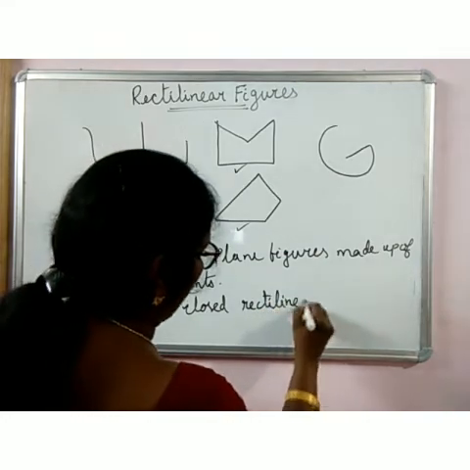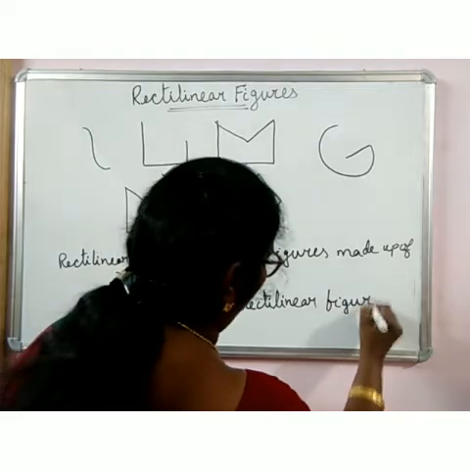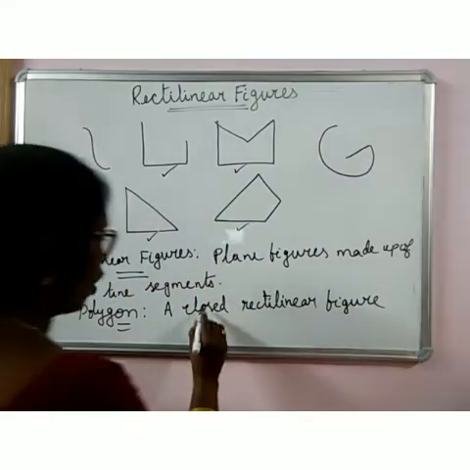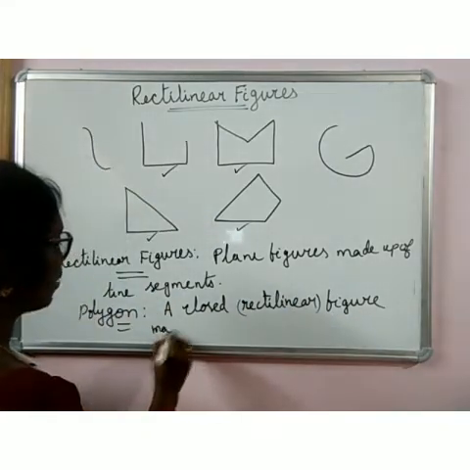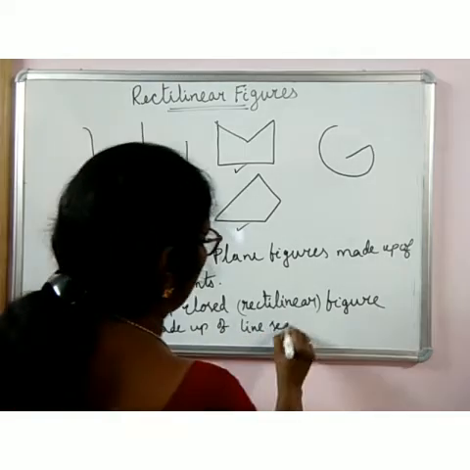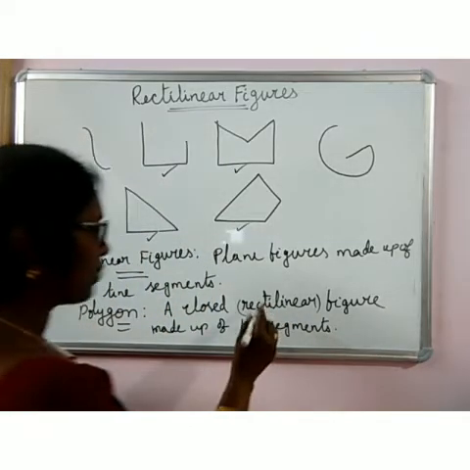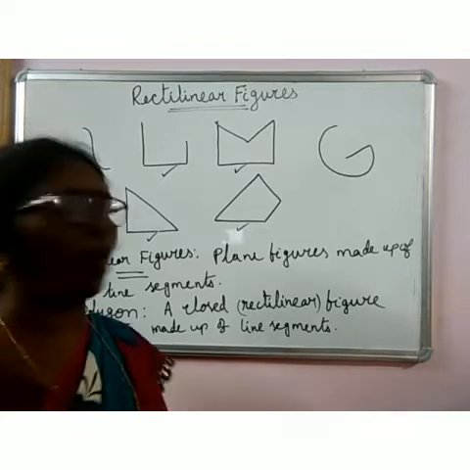Rectilinear means made up of line segments. A figure made up of line segments is a rectilinear figure. A closed figure made up of line segments is known as a polygon.